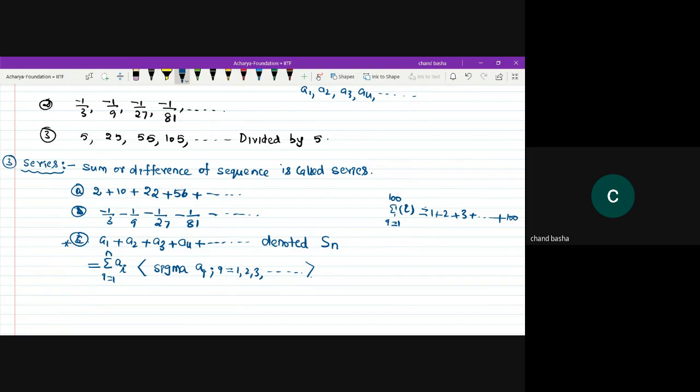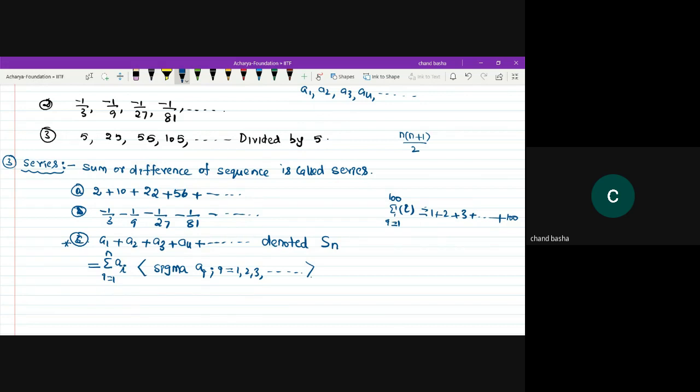The formula is n into n plus 1 divided by 2. Just by observing the given numbers, he created this formula at the age of 12, whose name is Euler.